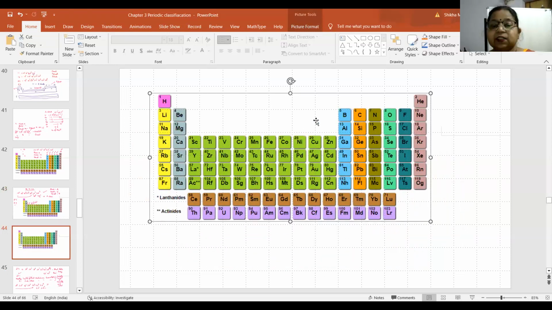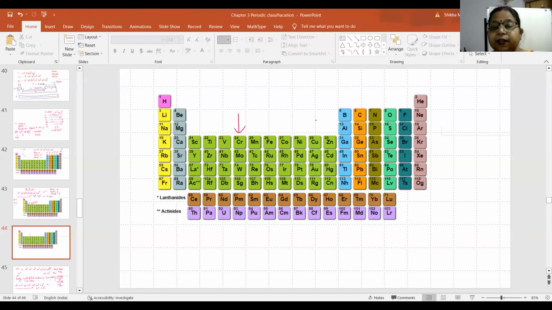Please remember, it will be easier for all of you to remember that you have to apply it to only 24 and 29. Nowhere else. Please put it down in your notebooks that you have to apply this logic only on the chromium group and the copper group: chromium, molybdenum, tungsten, seaborgium, copper, silver, gold, Rg, I don't remember. Is it clear?